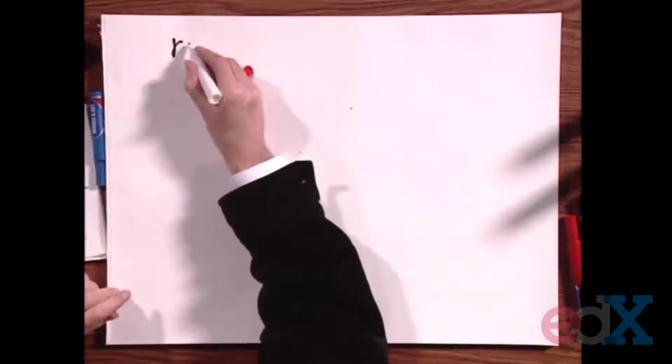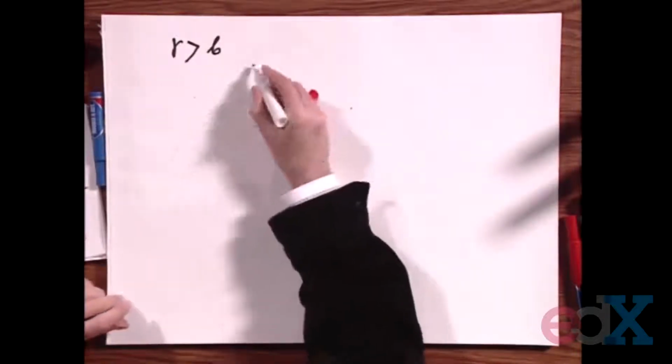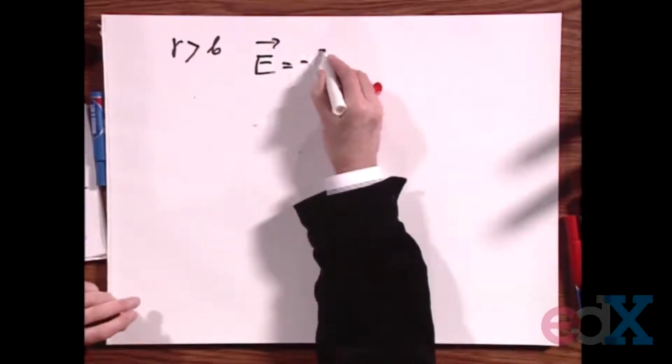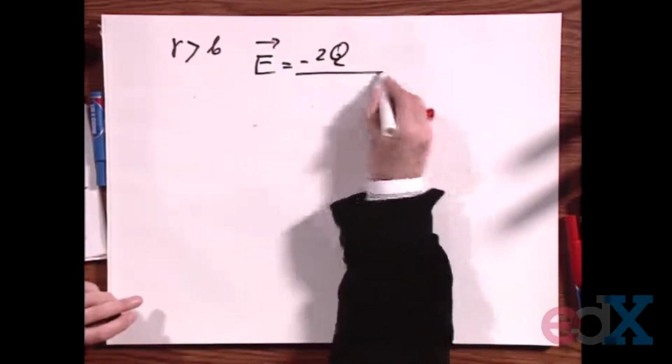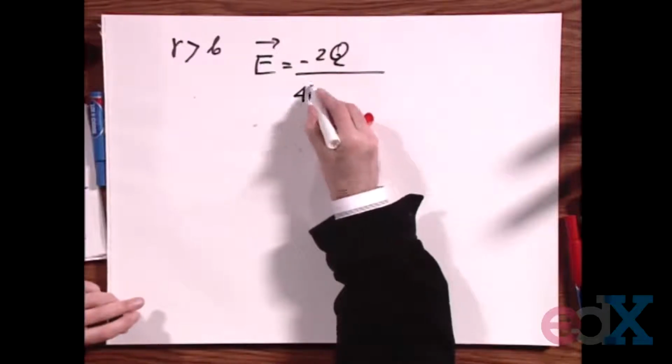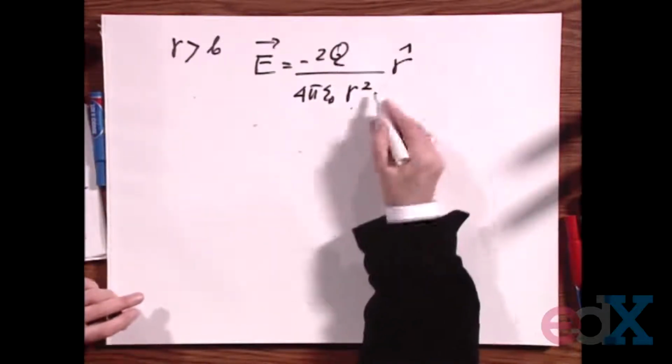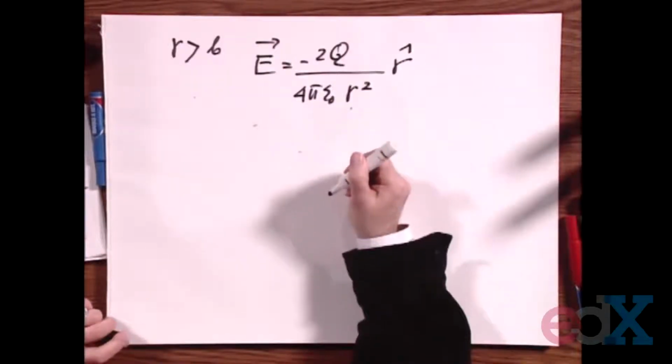So now we are larger than B. The electric field, I go now through a complete vector notation, equals minus 2q divided by 4 pi epsilon 0 r squared r roof. Would you agree? It's pointing inwards.